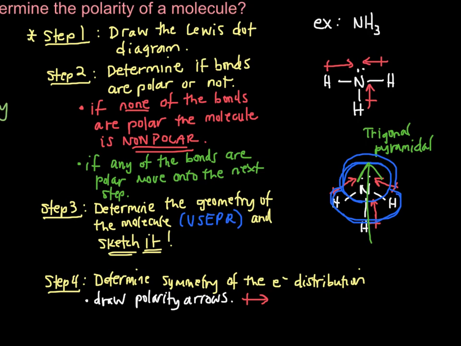What that tells me is that the nitrogen has a slightly negative charge, and the bottom of this molecule has a slightly positive charge. So it's got dipoles. It's got a negative dipole and a positive dipole, which makes it a polar molecule.